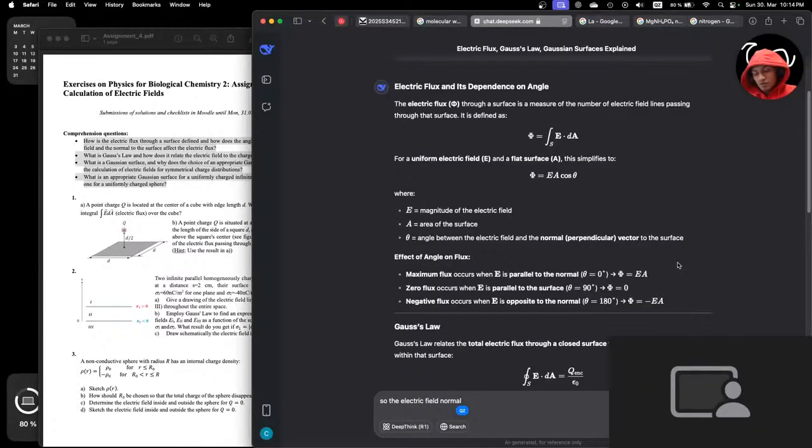It's more into the measure of the number of electric field lines passing through. So define as... that's the electric flux. It's the integral of electric field multiplied by area.